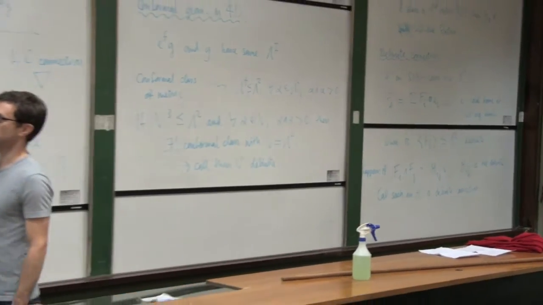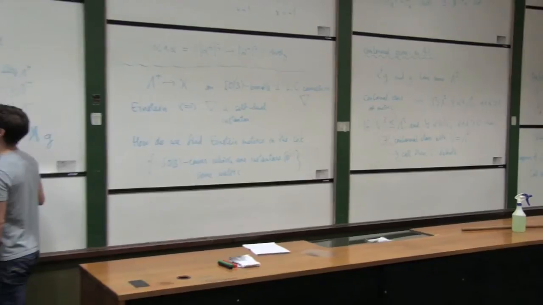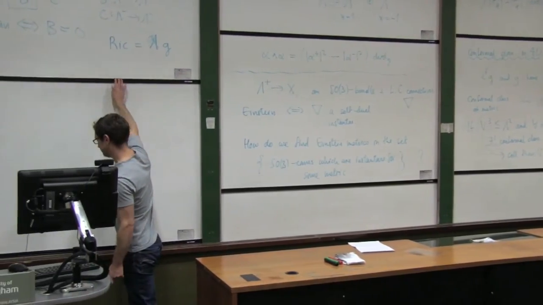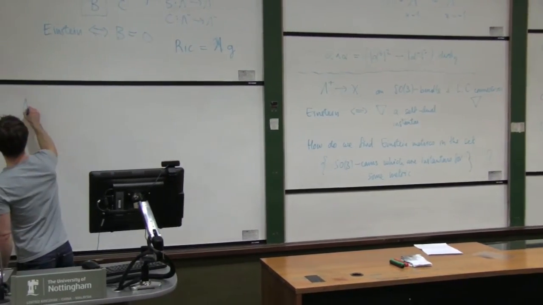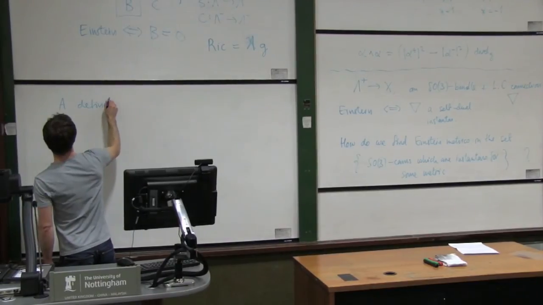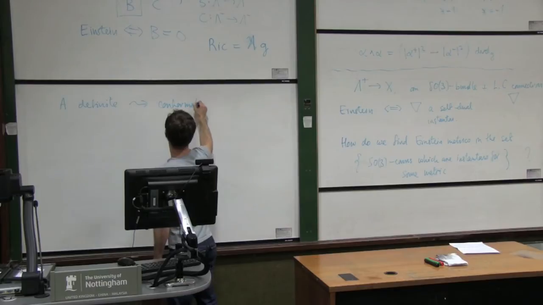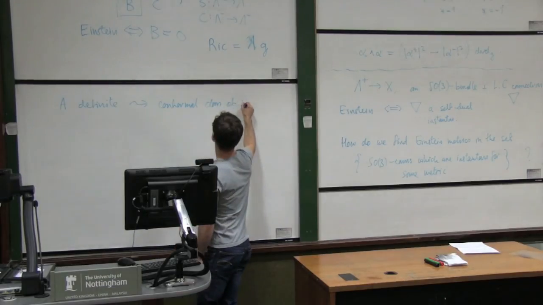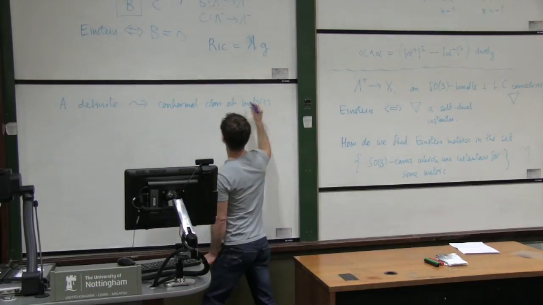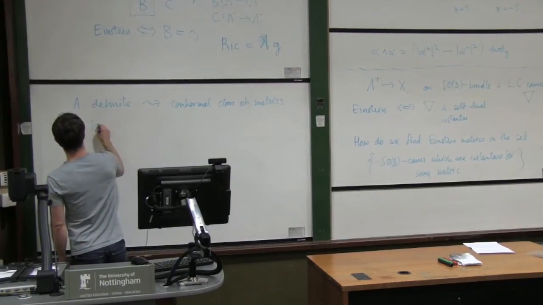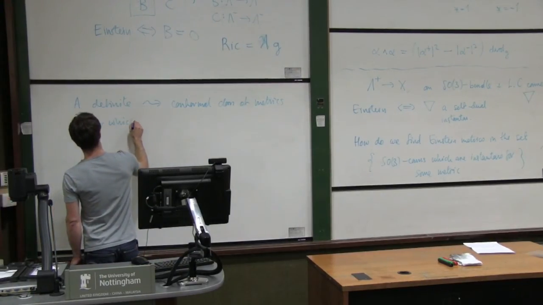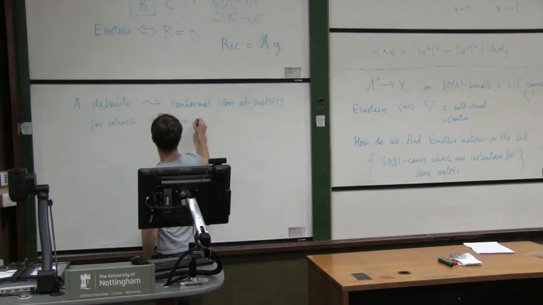I'm getting dangerously close to having to use your board cleaning. So for A definite, we build a conformal class of metrics for which A is an instanton.